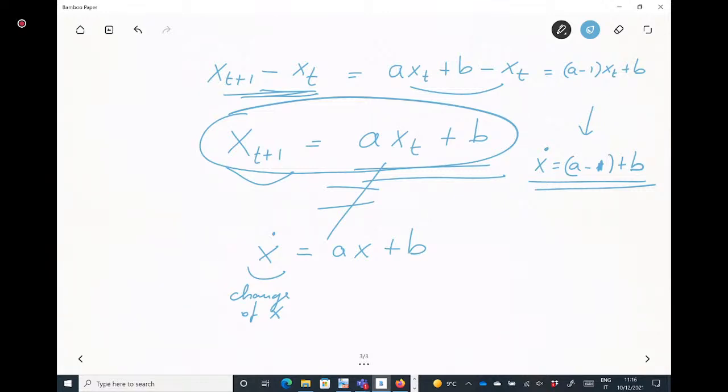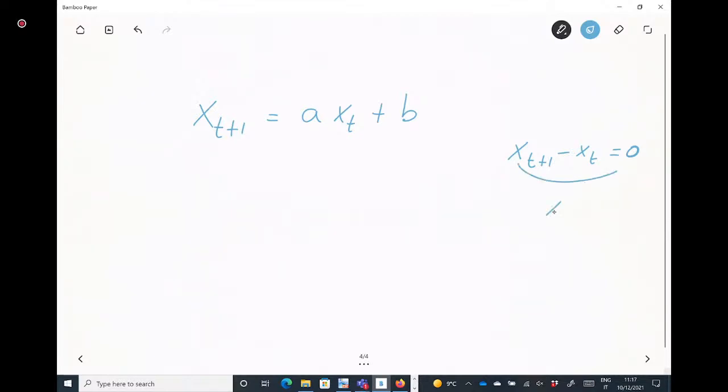Now, what is the steady state for a difference equation? The steady state for a difference equation is like this: xt plus 1 equal to axt plus b. The change must be 0 from t to t plus 1. This is equivalent to setting x dot equal to 0 in continuous time models. If the change needs to be 0, this means xt plus 1 equal to xt, and this must be constant at some level x.